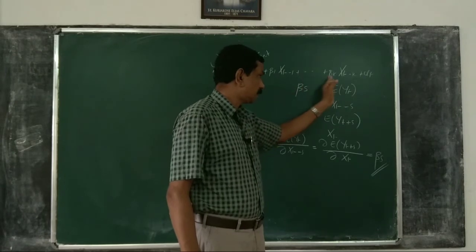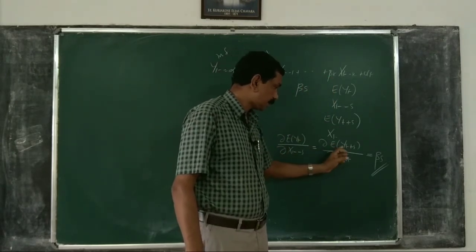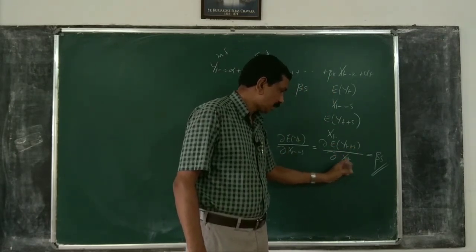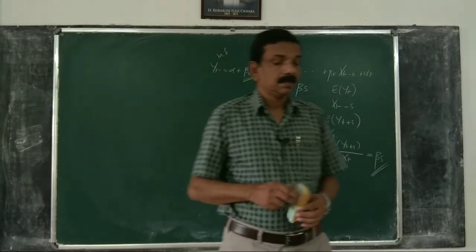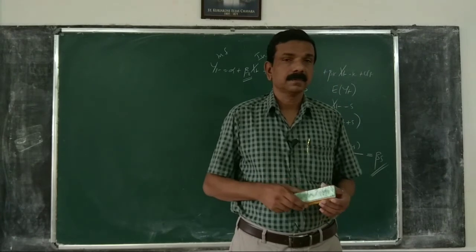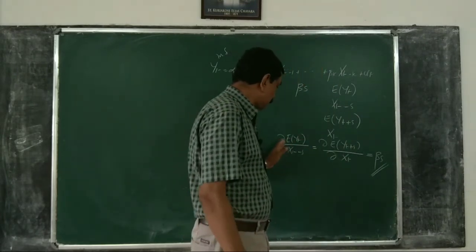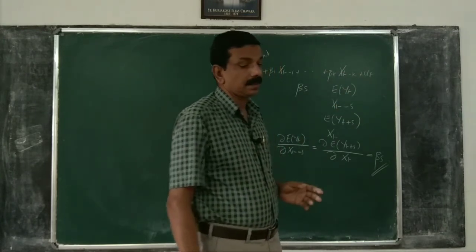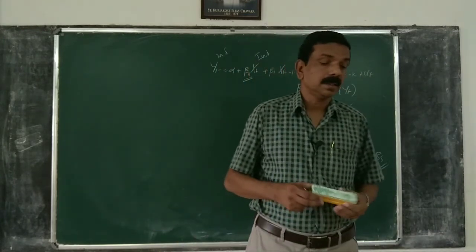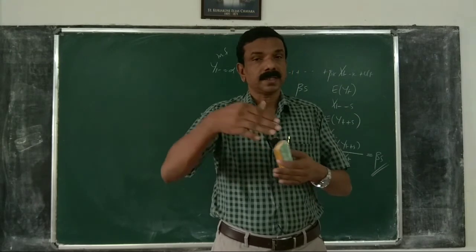Beta 1, beta 2, etc., up to beta k, that is, ∂E(y(t+1))/∂xt, ∂E(y(t+2))/∂xt, etc., are known as interim multipliers. And if you add together all these, beta 0 plus beta 1 plus etc. plus beta k, you will get what is known as the total multiplier.